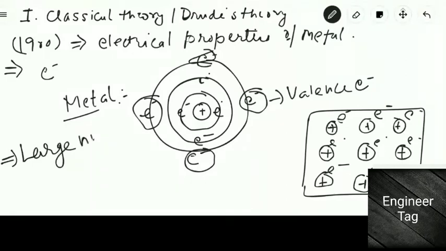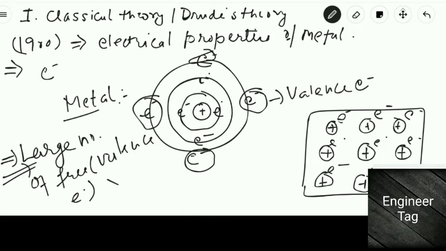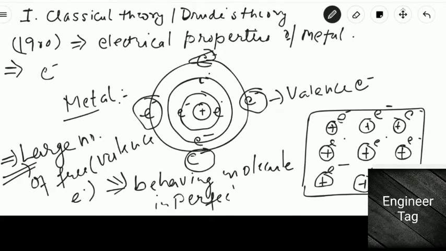Large number of free electrons or valence electrons. Okay, so what did he consider? These free electrons, he considered them to be behaving as molecules in a perfect gas. In the gaseous state, what do we have? Molecules are free, and they are free to move in any random direction.